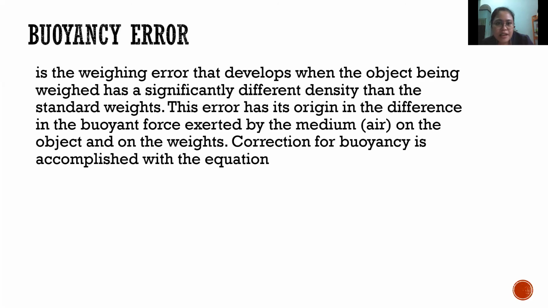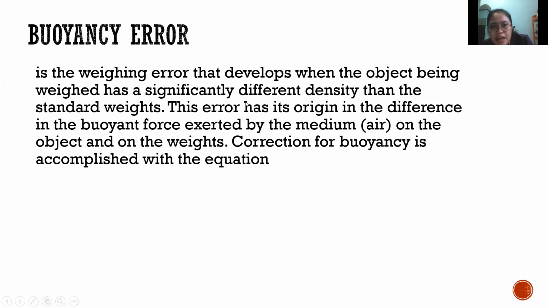So asa gikan ang error ani, mahitabo ni siya if merong difference in the buoyant force nga gina-exert sa atong medium or sa atong air dito sa object and sa weights. So naay difference ang effect sa air dito sa imong sample tapos sa weight nga imuhang gigamit. Mga bakal-bakal lang ni nga mga weights, and then predetermined ang ilahang masses.